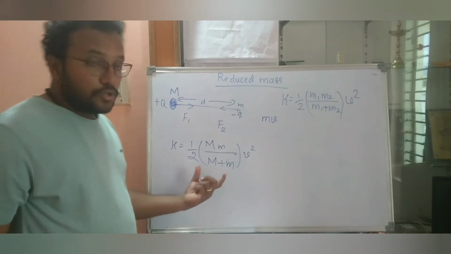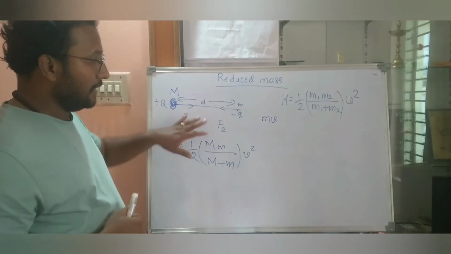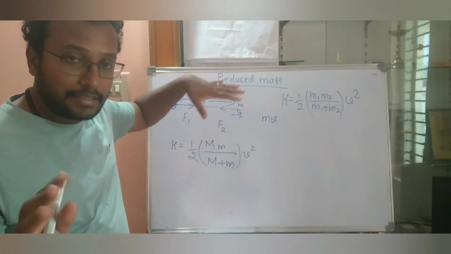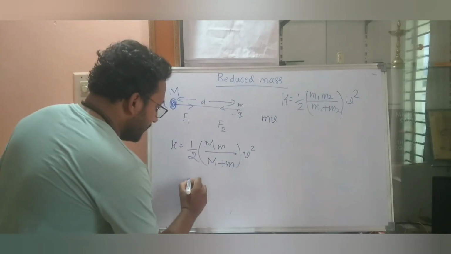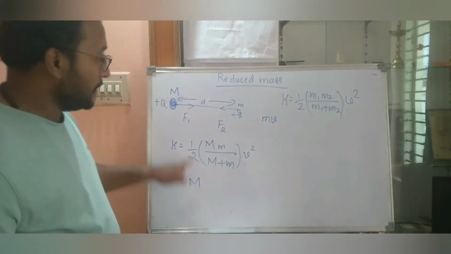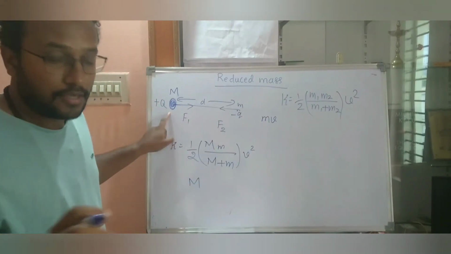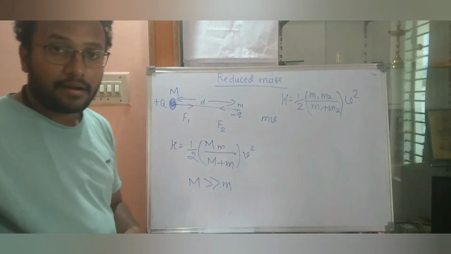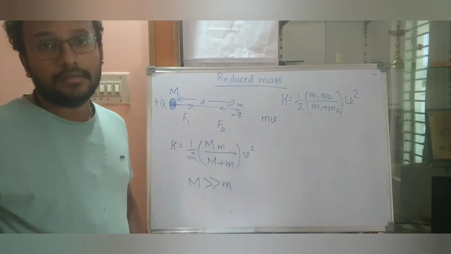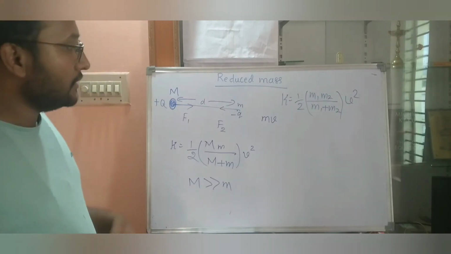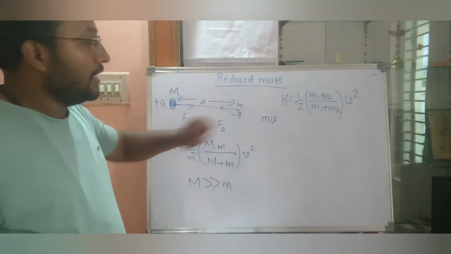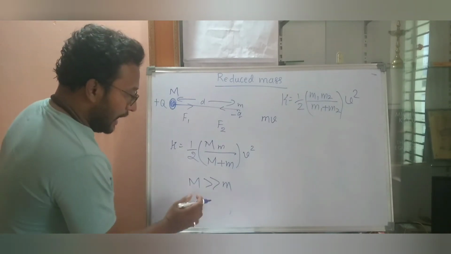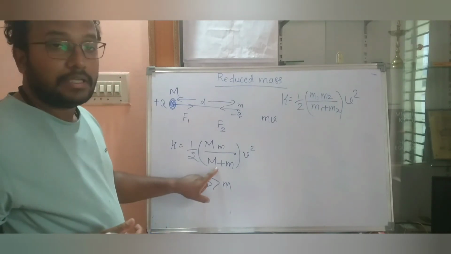Now you can see, according to this example, the capital letter M, the mass of the positively charged particle, is much bigger when compared to the small charged particle, just like a big nucleus and a small electron. Now I can put this approximation in this equation.